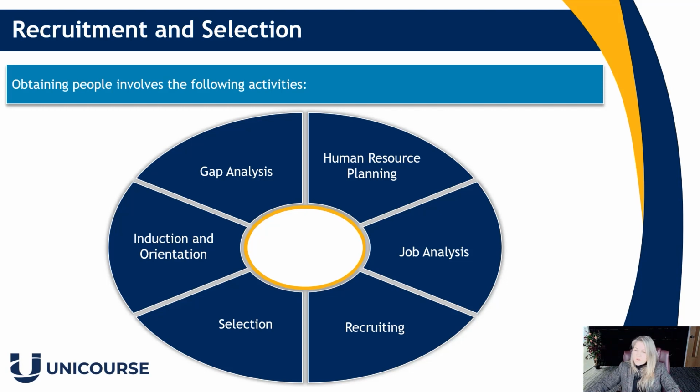And then, going back to recruiting and selecting, it's important to think about when you are recruiting people as well as how you're going to do it. You're going to do it internally, externally.